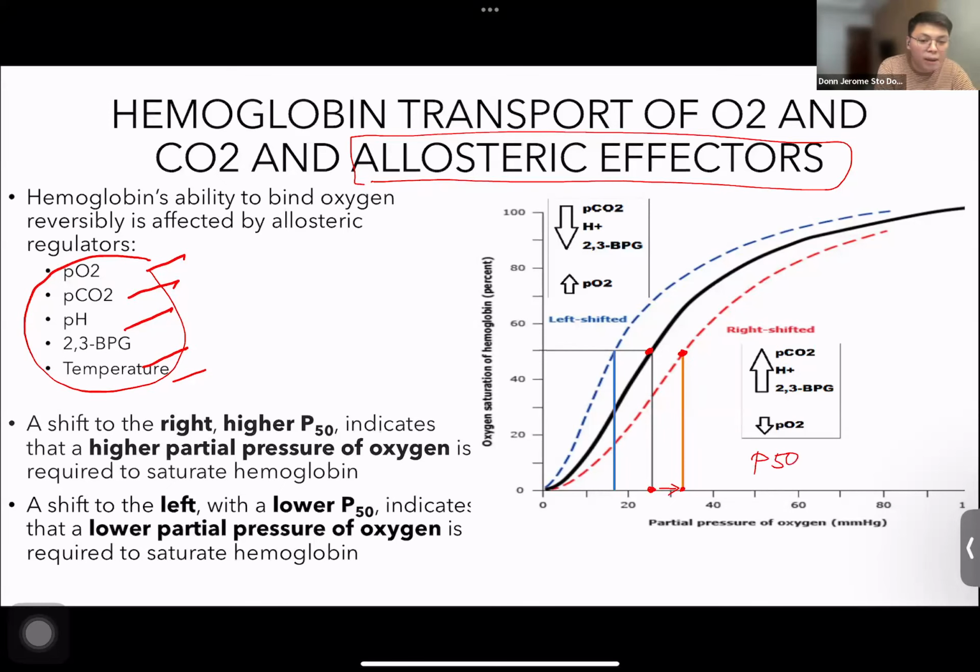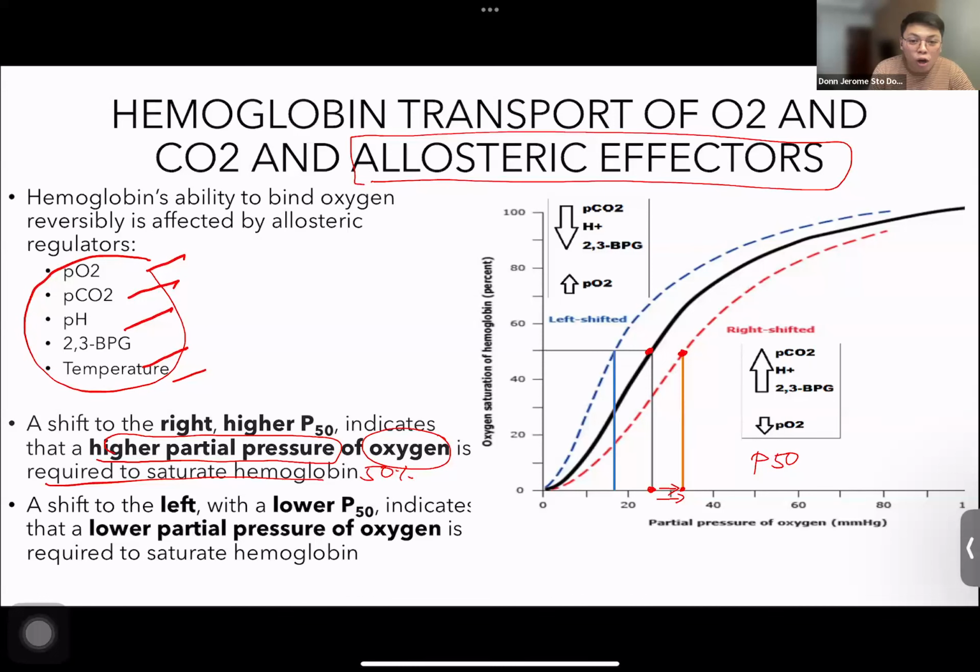Tumaas po ba? Bumaba? Nag-increase po ba yung value? Tumaas. So that tells you that you need a higher partial pressure of oxygen just to saturate 50% of your hemoglobin. So ano'ng ibig sabihin nun? Mas mataas ba ang affinity ng oxygen to hemoglobin or mas mababa? Mababa. That is low oxygen affinity.